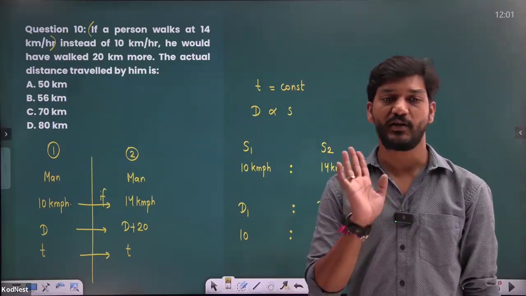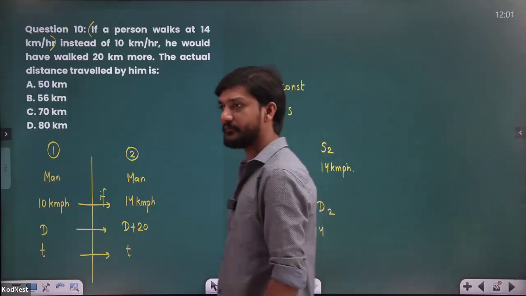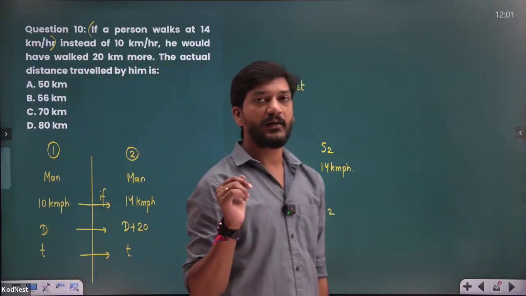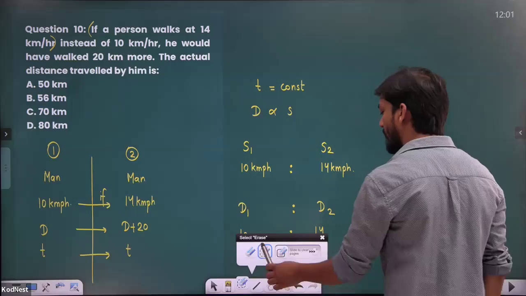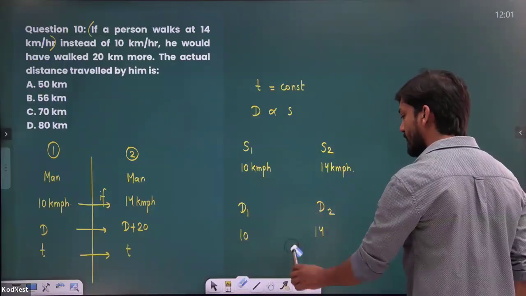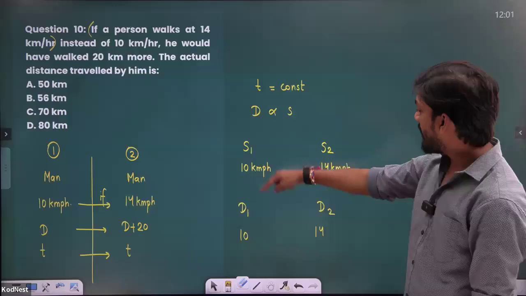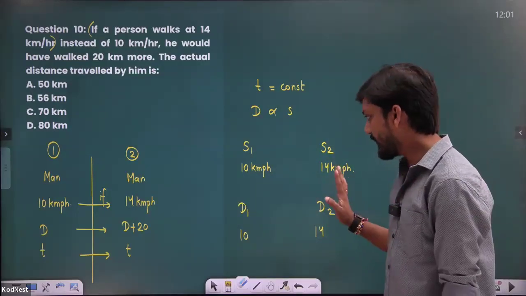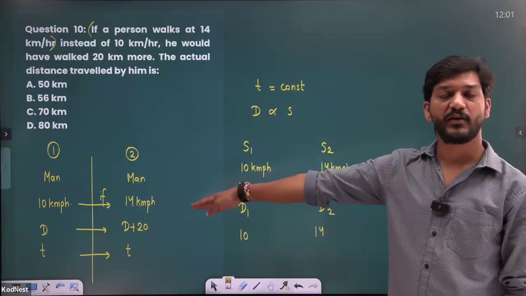Yes or not? Carefully answer. Now, carefully think. You know my habit, I don't usually write the ratio sign. So speed is 10, speed is 14. Distance 10, distance 14. There is some problem. Carefully observe the distance, what they have given.